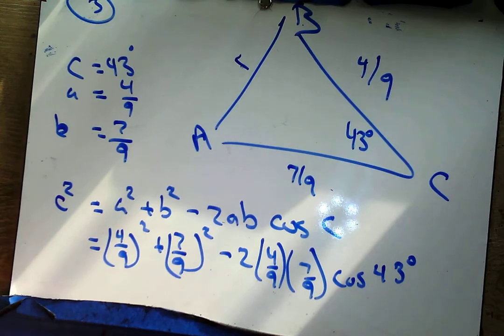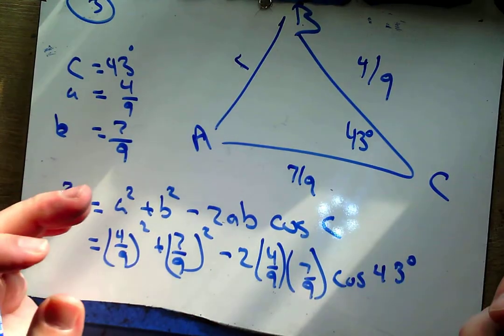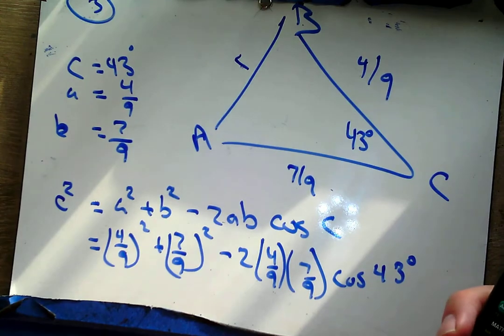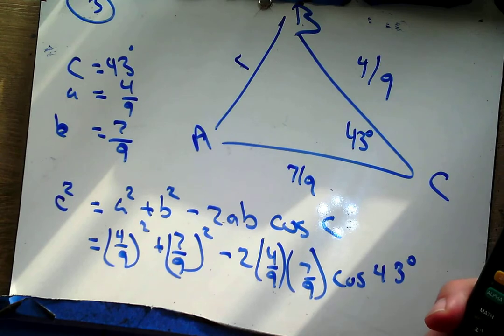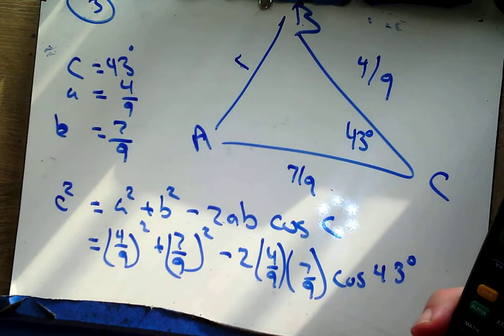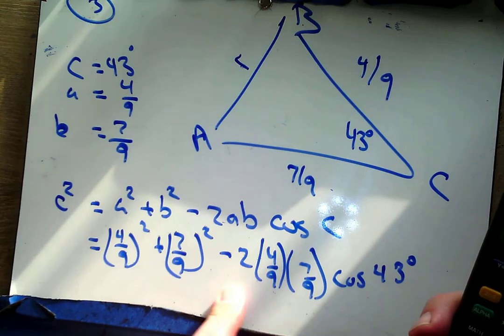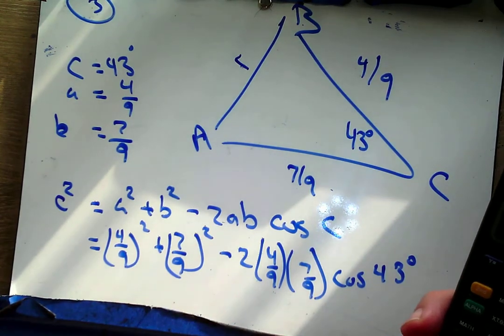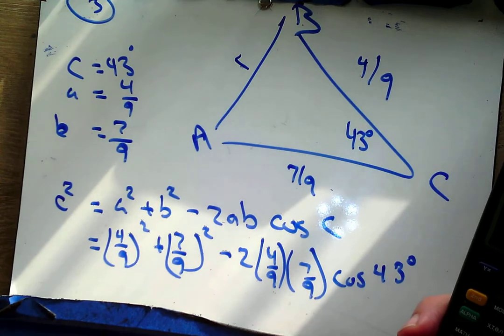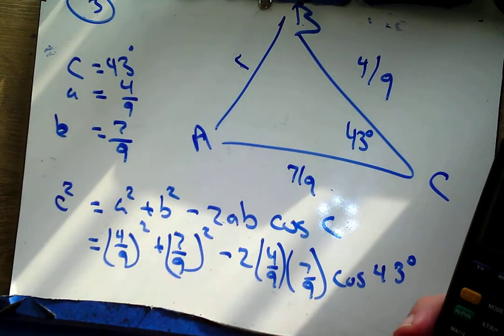As soon as I see the cosine of 43, I know I'm doing this on the calculator, so I'm just going to pull out my calculator and be very careful here. Cosine of 43 times 7/9 times 4/9 times 2. Okay, so I have that number, and now I want 4/9 squared plus 7/9 squared minus that number.